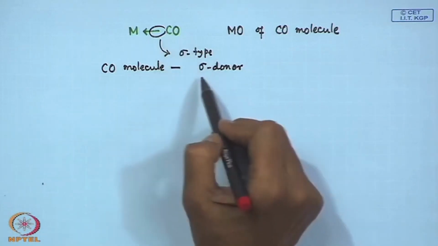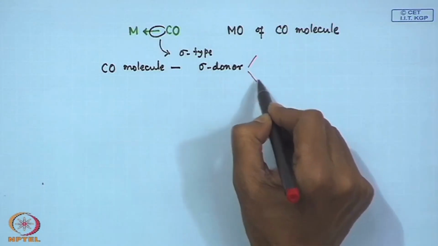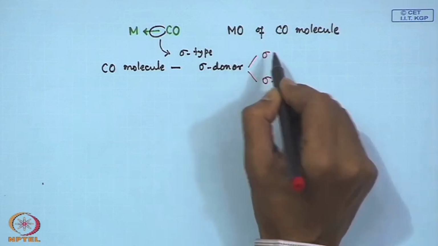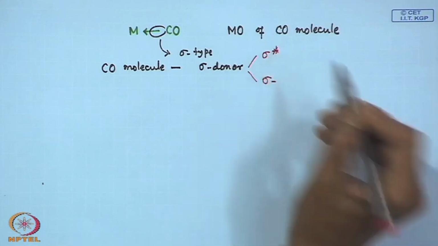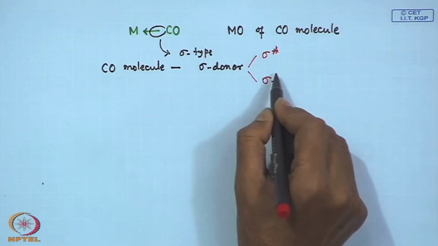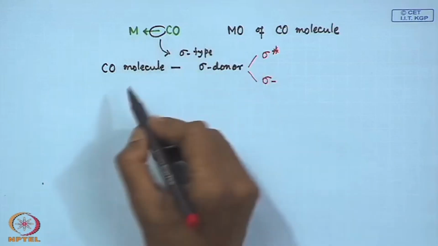So, when we talk in terms of the corresponding molecular orbital of sigma symmetry, we can place this carbon monoxide molecule for sigma donation, and as a result we can have both the sigma bonding level as well as the sigma antibonding level as the star level, and the electron density from this filled level is being donated to the metal orbital.